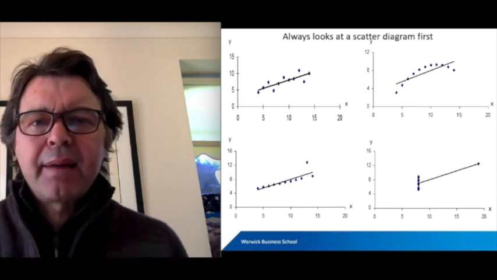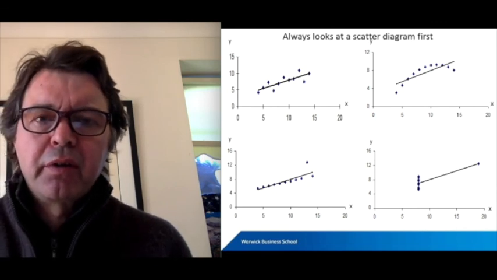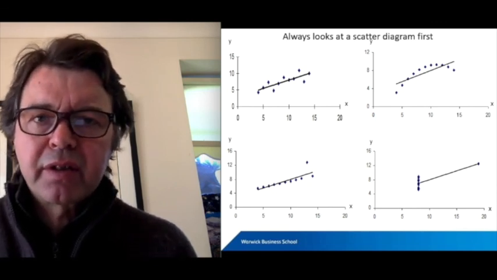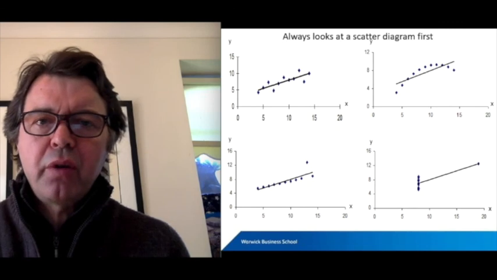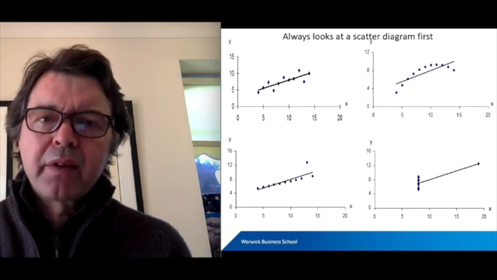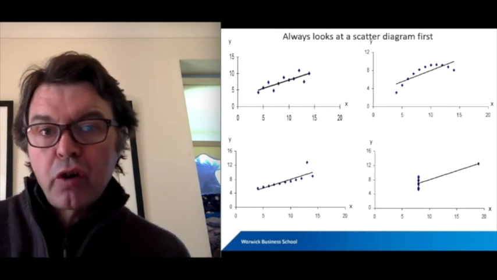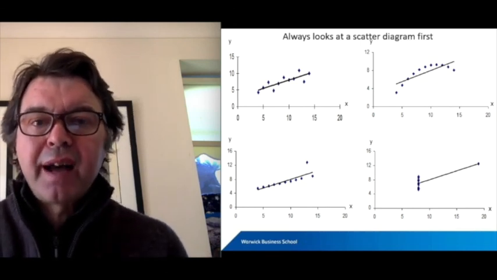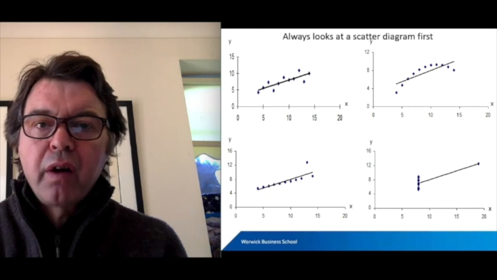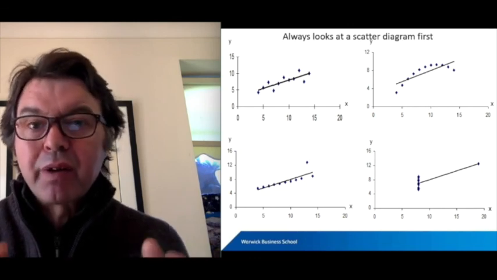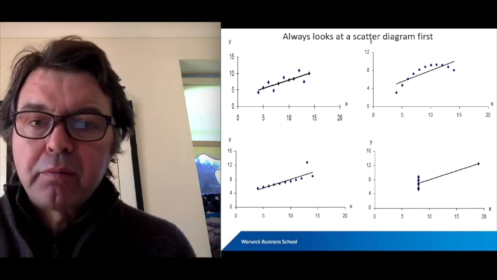So it's absolutely crucial when you're doing regression to have a look at a scatter, because that will show you very quickly whether the relationship is strong or weak, whether it's linear or non-linear, and whether you have a nice spread of data so that you can reliably develop a model.